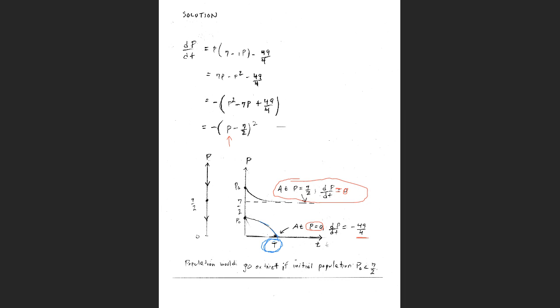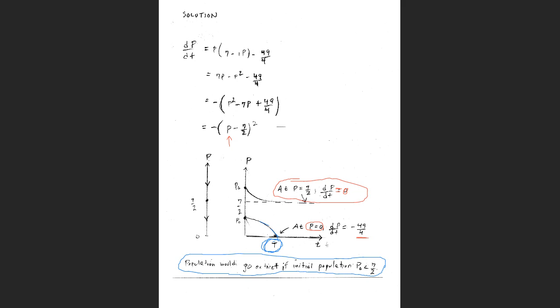But to answer the question then, the population would definitely go extinct if your initial population were less than 7/2. So at the fishery, let's say you buy this fishery. Well, you better know if there's enough fish in there for you to harvest some fish.